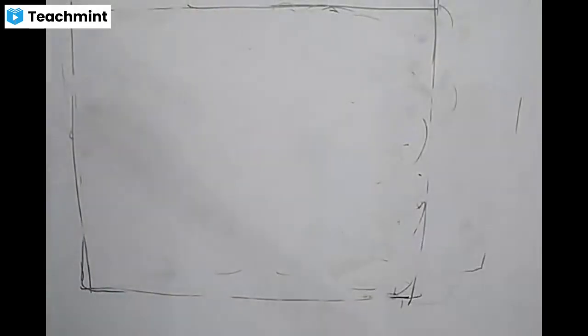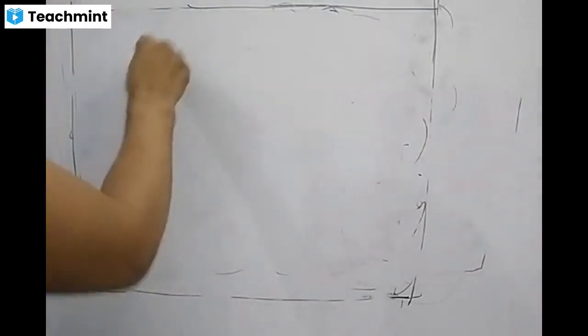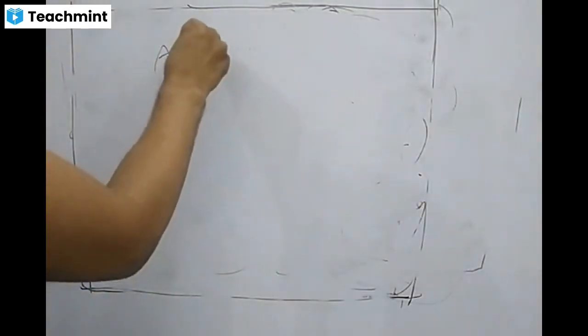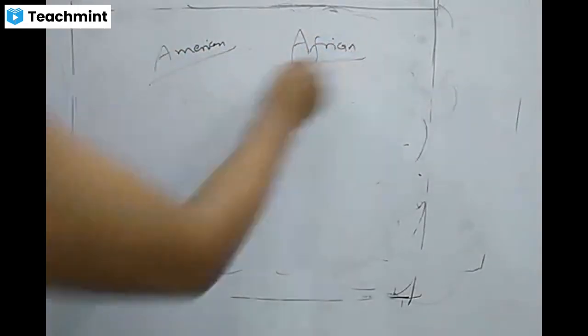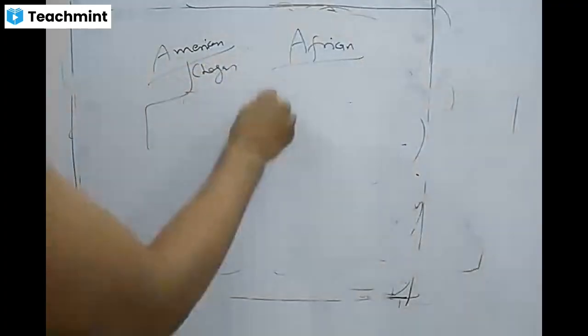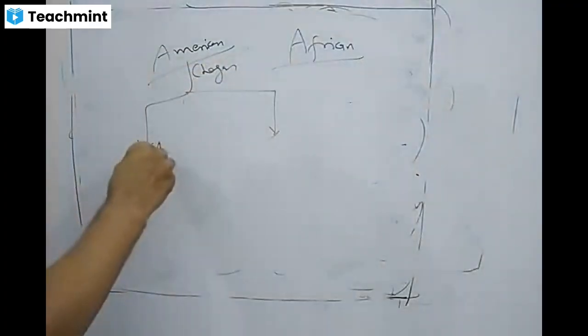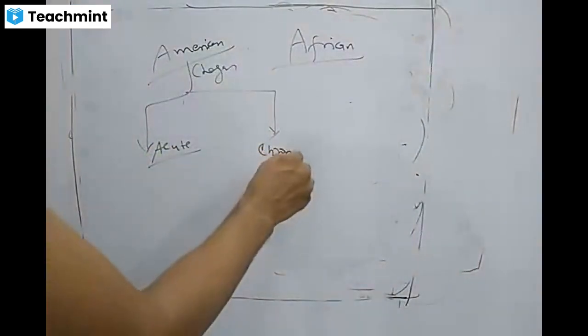And similarly, in case of trypanosoma, there are two more types. One is your American and one is your African. American is known as Chagas disease. Chagas disease has two manifestations, one is acute, one is chronic.